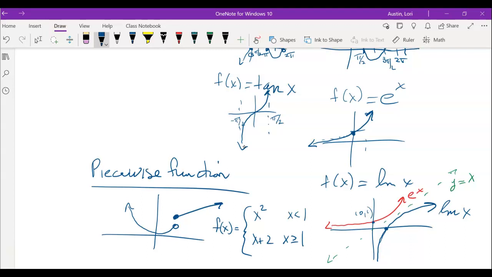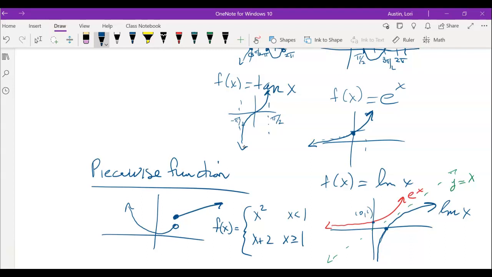What you need to pay attention to when dealing with piecewise functions, and you will see piecewise functions a little bit today, is what is happening at the split point? Like what's happening at 1? Which function is defined at exactly 1? Yes, you've got to pay attention to that, especially as we go through limits. At 1 itself, it is defined as x plus 2.